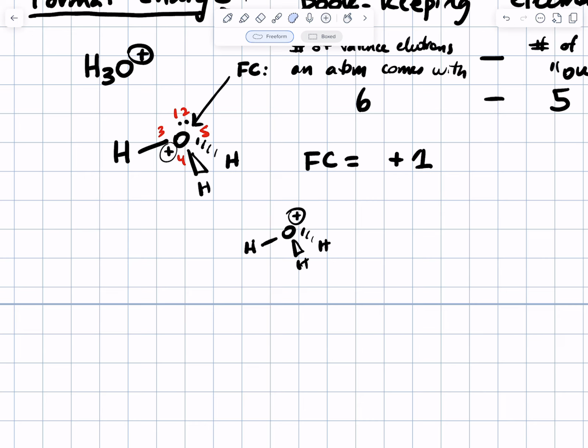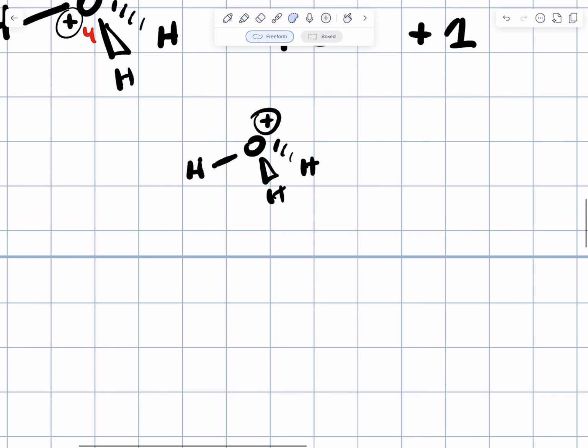What do you know about the electronegativity of oxygen? More or less than hydrogen? More, right? So that tells you that even though the positive formal charge is on oxygen, the actual location of that plus charge is probably spread out onto the hydrogens. That the hydrogens are electron poor.